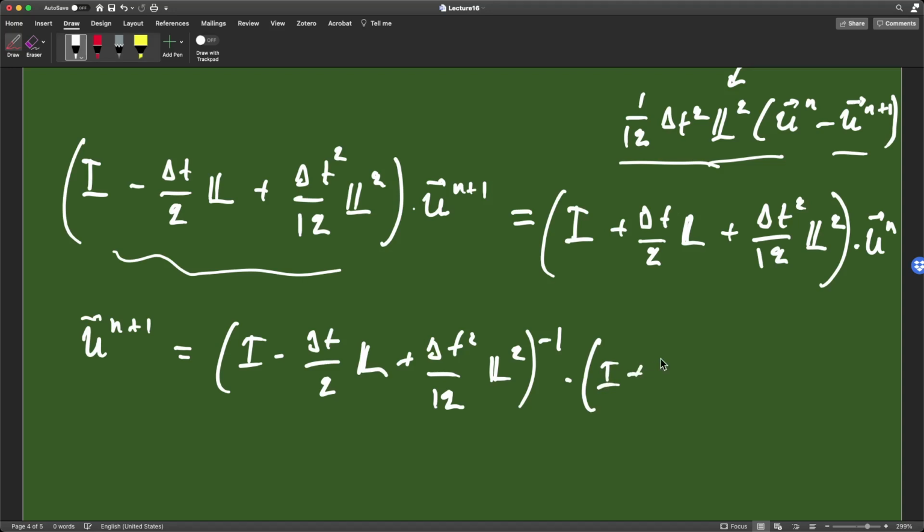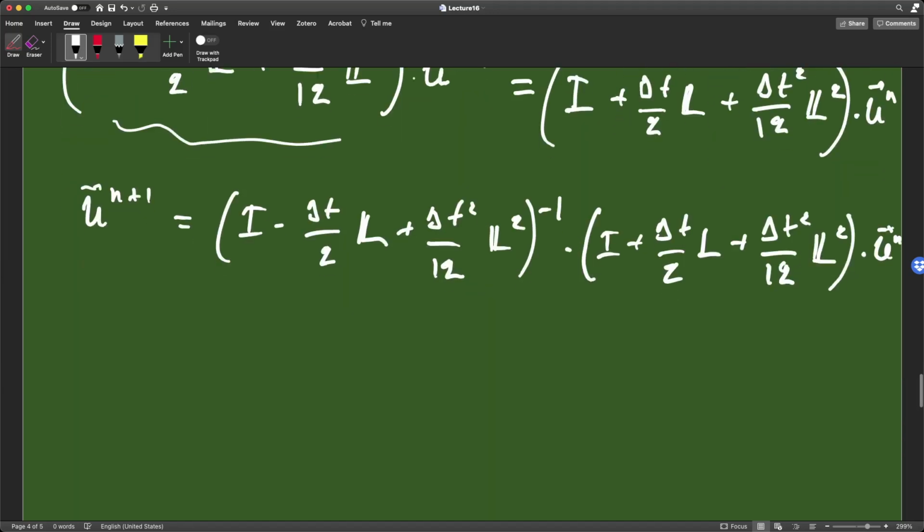So delta T over 2 times L dotted onto u n. Okay, so now this is essentially our matrix M. So again, each time step is simply a matrix multiplication.